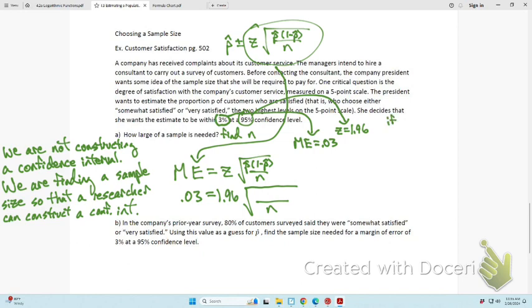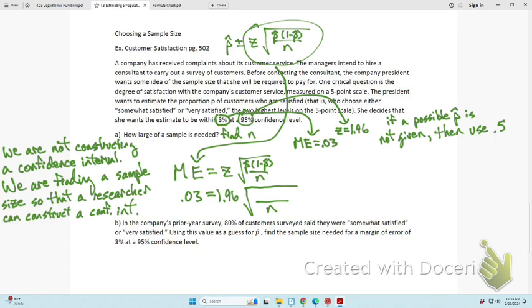If a possible p hat is not given, then use 0.5. So 0.5 is a worst case scenario. 0.5 allows for the most variable situation. It's not cheating.